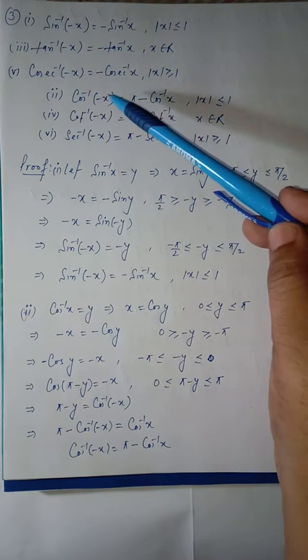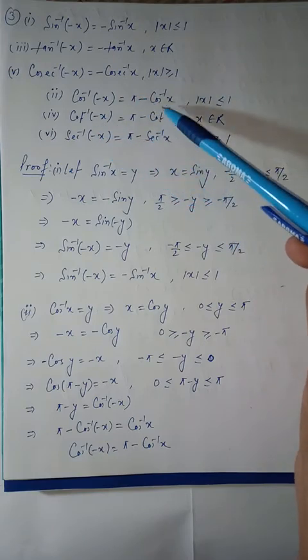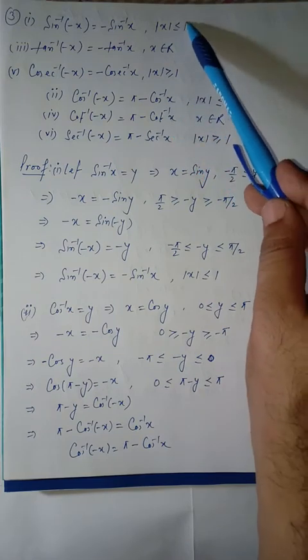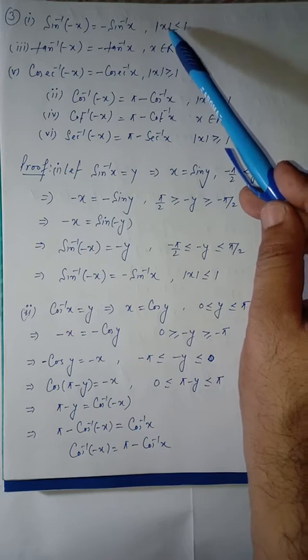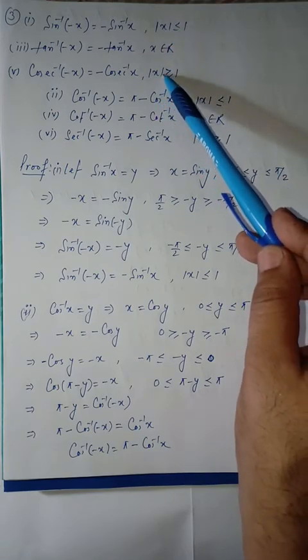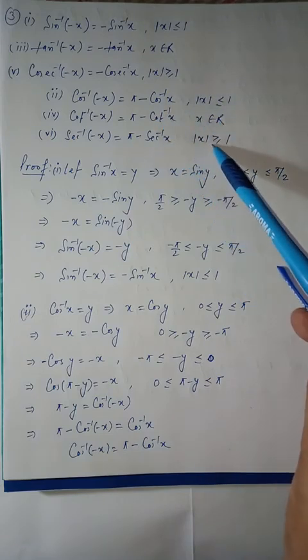Whereas in the case of cos, cot and sec, you have to write pi minus these functions, and these values are according to the domain of the function. Like this is the domain of sine, domain of tan, domain of cosec, domain of cos, domain of cot and domain of sec.